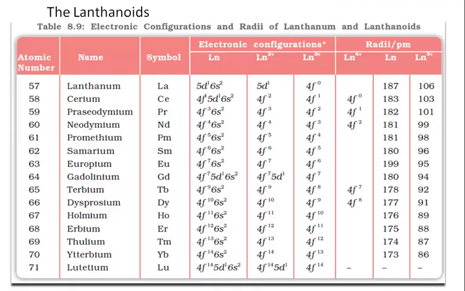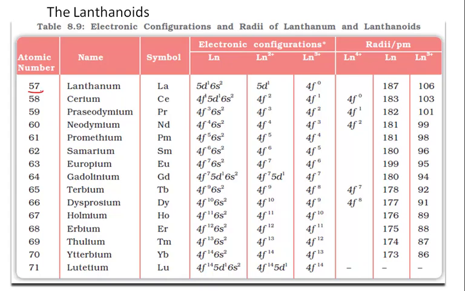So first of all, for lanthanoids, a table is given in which atomic number, name, symbol, electronic configuration in ground state, then +2 oxidation state and +3 oxidation state, as well as +4 oxidation state is given, along with atomic and ionic radii. So the 15 elements are given now, because lanthanum is also involved in properties, so we will discuss lanthanum also.